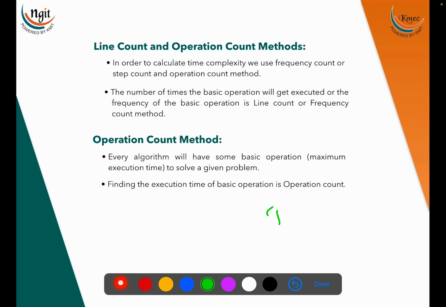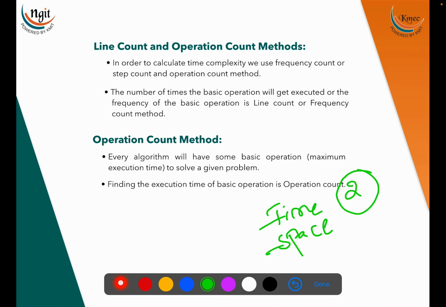There are two factors to measure the performance of an algorithm, which are time complexity and space complexity. This will be seen clearly in the next slide or next topic, but we'll continue to talk about how to calculate the complexities for an algorithm, especially time and space.